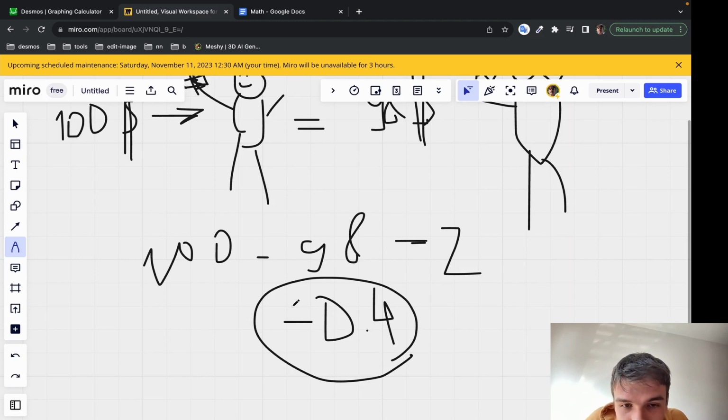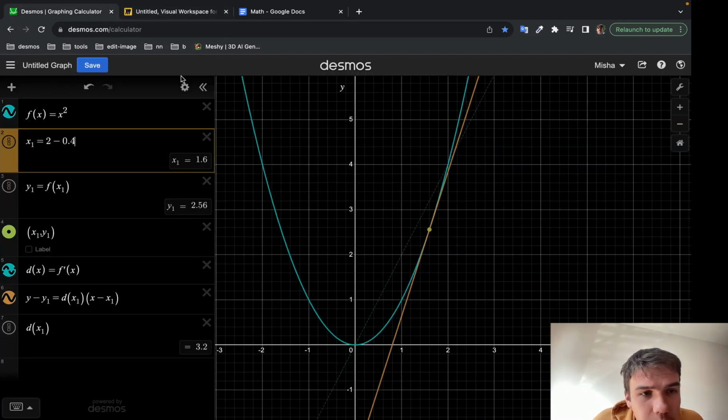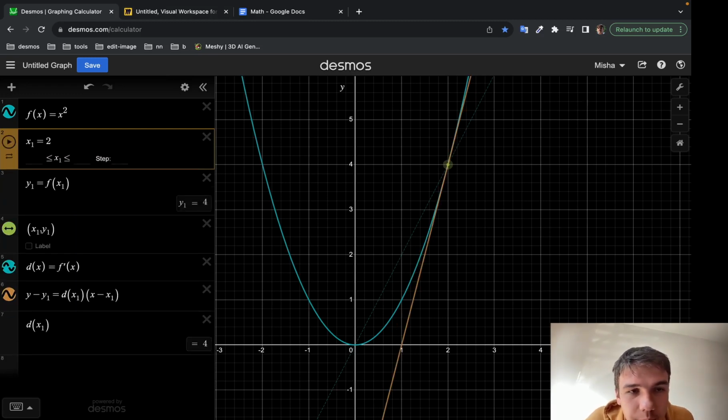Let me think about it a bit. In our story, he borrowed $98, and now he shall return us $2, right? Right now, our loss became 2.56. Before it was 4, right? Yeah, before it was 4.